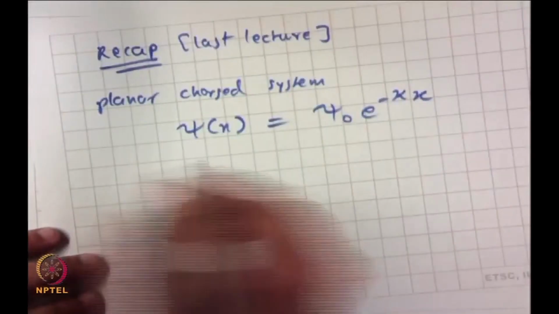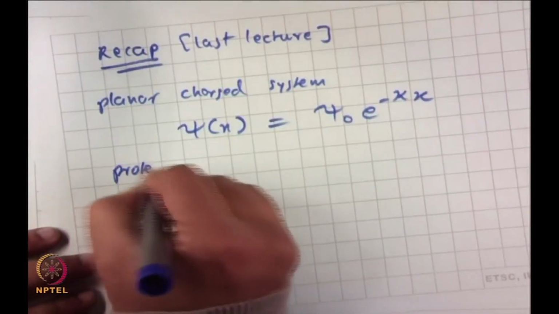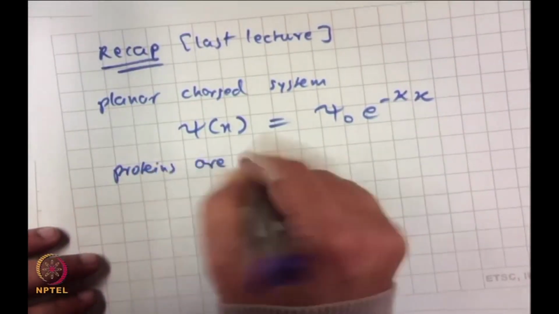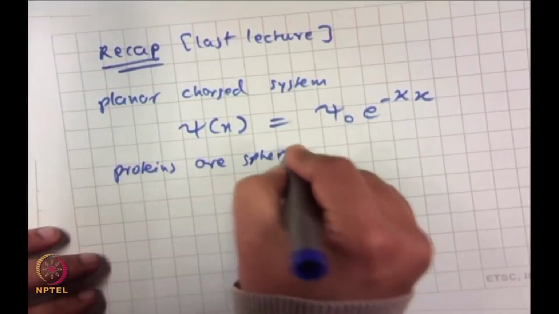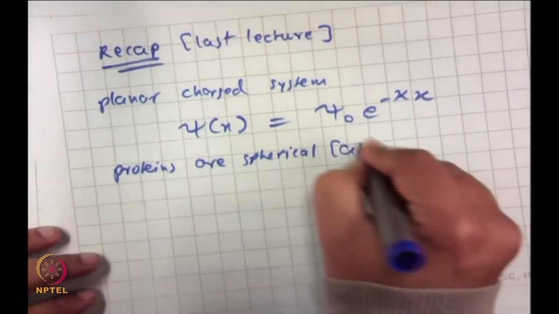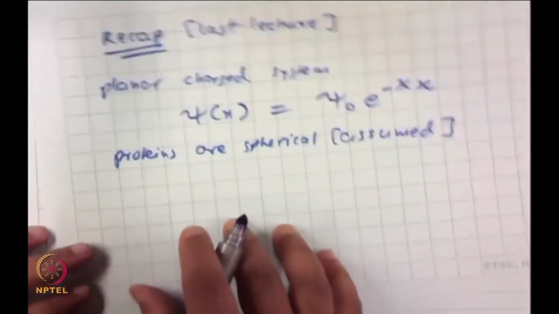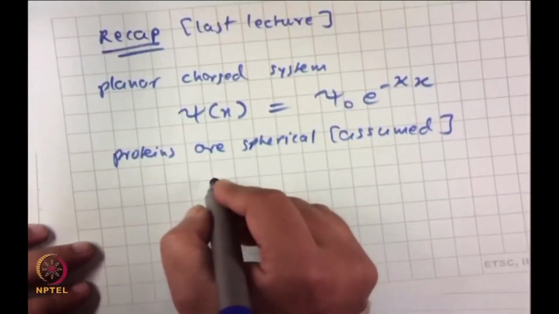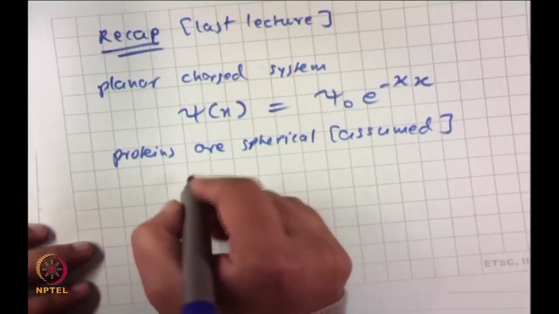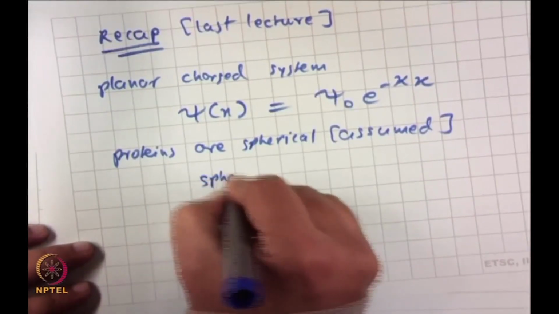Then we said that okay, proteins are spherical or assumed to be spherical. So then our system will change to spherical polar coordinates, right.